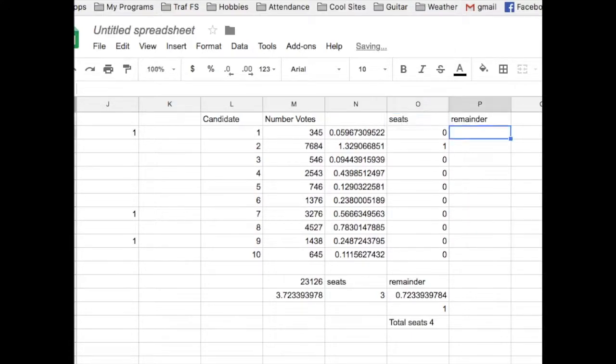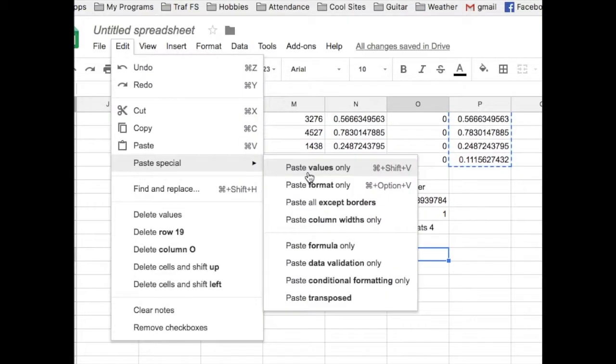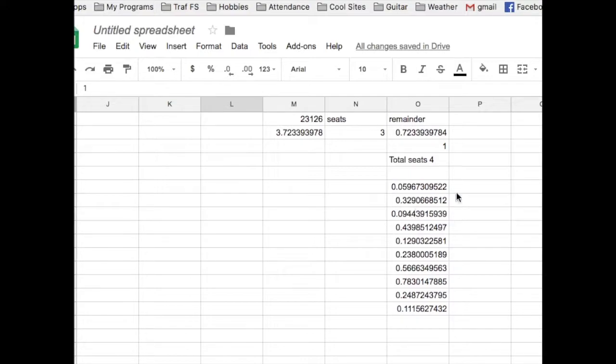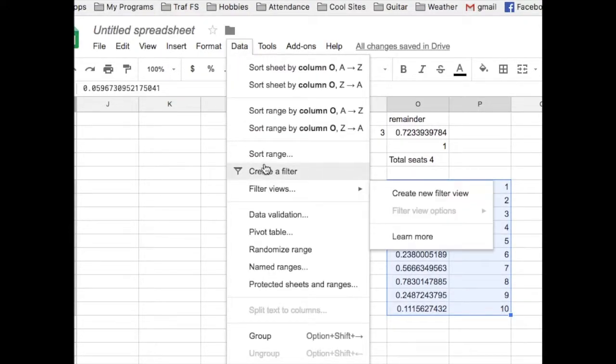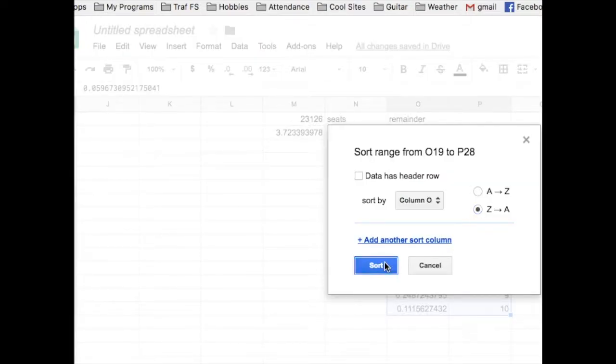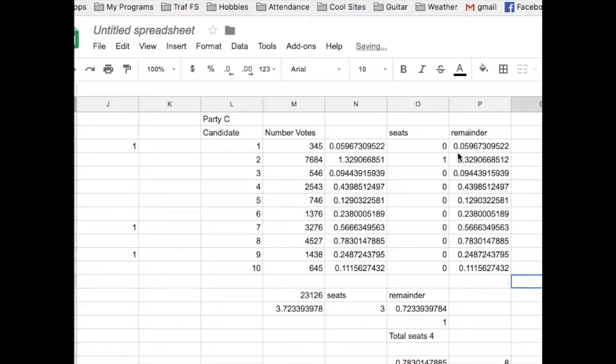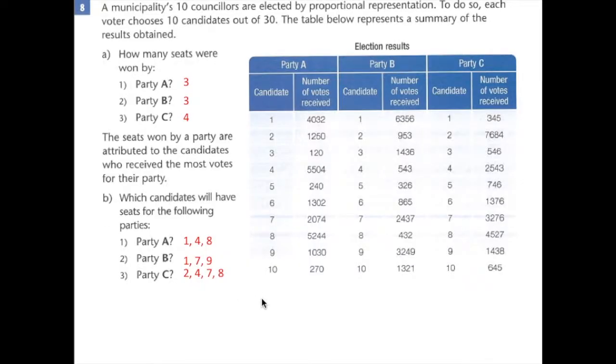The seats is going to be that number, take away that number. Paste values only. Put the 1, 2, 3, 4, 5, 6, 7, 8, 9, 10 beside those numbers so we know which is which. We sort according to column O. So data, sort range from largest to smallest, and sort: 8, 7, 4. So 2, 4, 7, and 8 each get a seat. And that's it for question number 8. Have a good day.